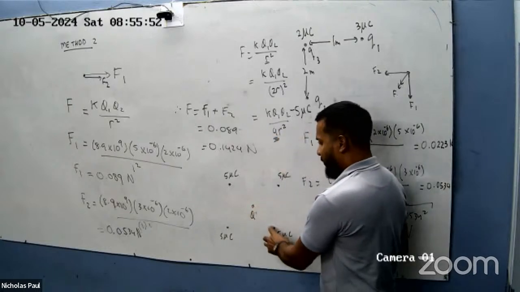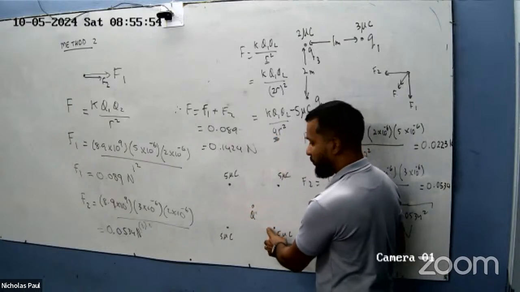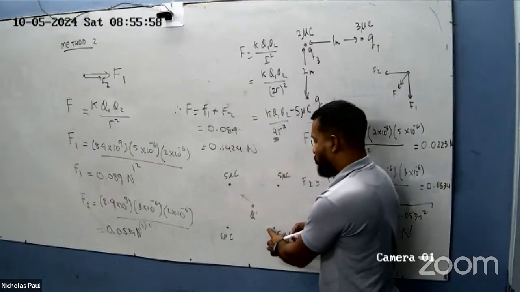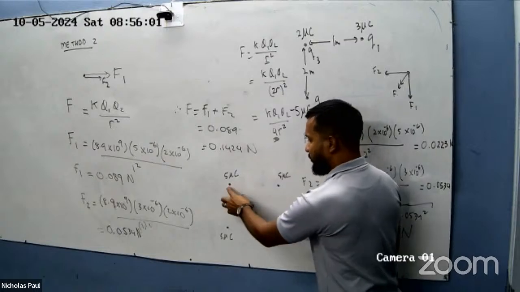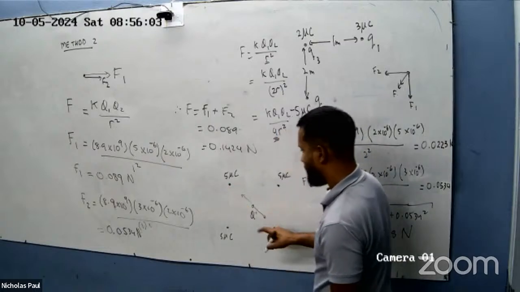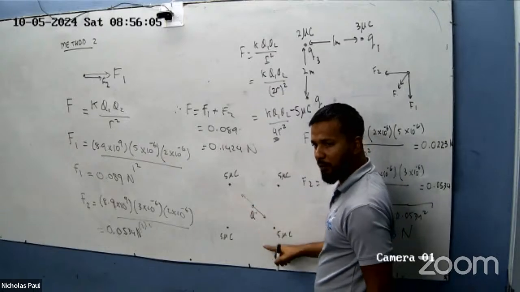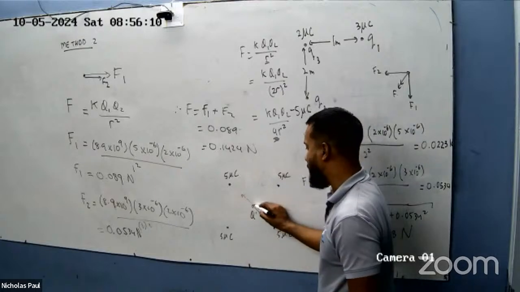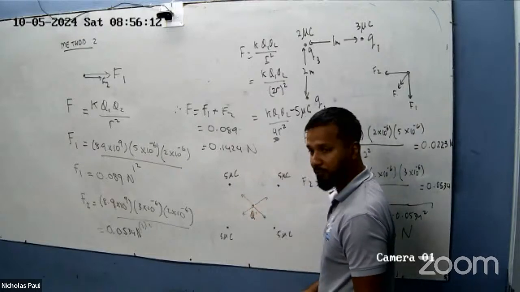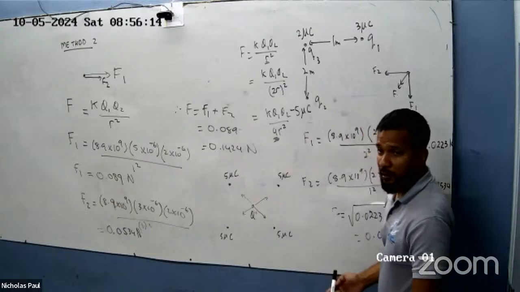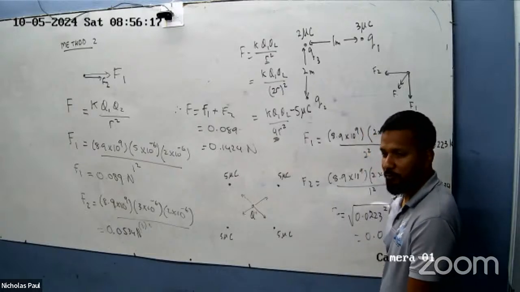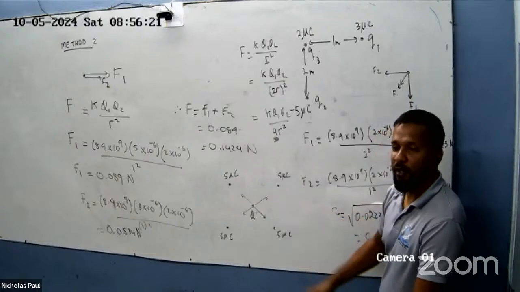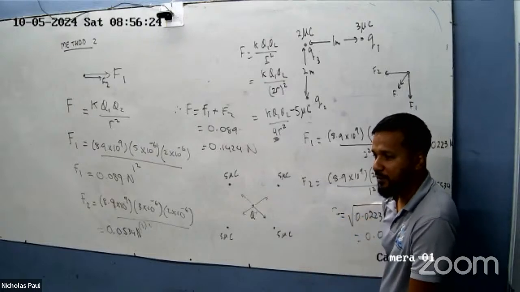What will be the direction of the force between these two? Upwards. What about between these two? Are they equal? Yes. Why are they equal? It's the same charges and same distance. What about here and here? So the force is 0. And if the force is 0, the electric field strength is 0.